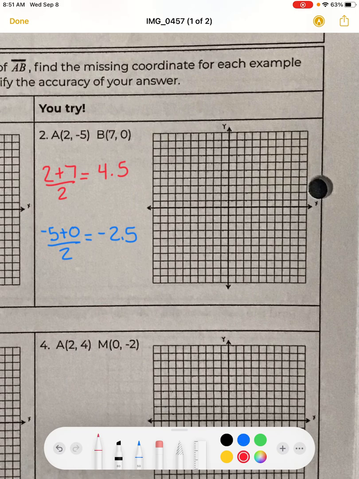So let's graph the point 2, -5, and then 7, 0. We found this ordered pair to be 4.5 as my x and negative 2.5 as my y. So let's try that.